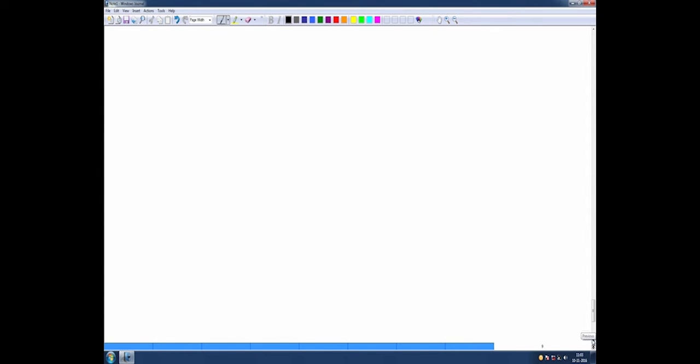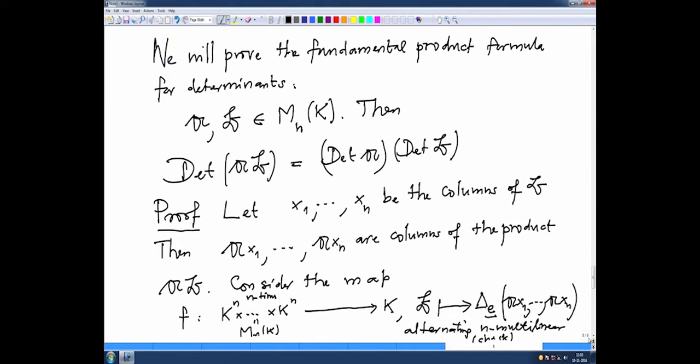So, therefore, by definition, this is nothing but the determinant of A times B, because these are precisely the columns of A times B, and then this is a standard determinant function.